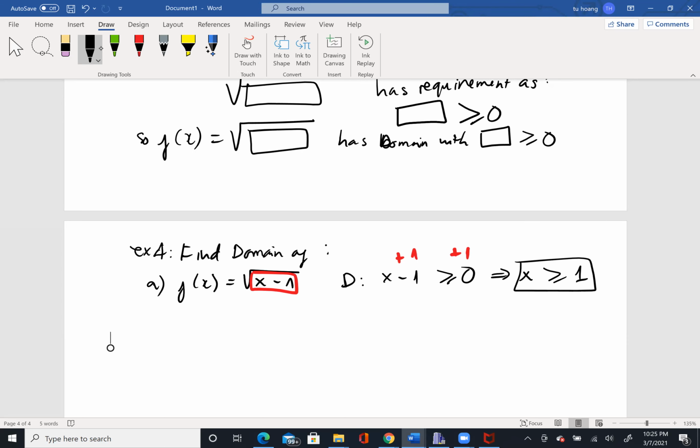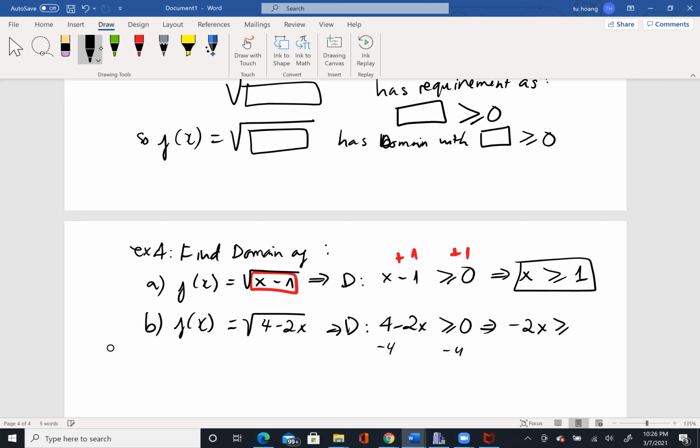Okay. For B, f of x equal to, let me see, square root of 4 minus 2x. So then I'm going to have the domain is 4 minus 2x greater than or equal to 0. And then if you subtract both sides by 4, you're going to have negative 2x greater than or equal to negative 4.